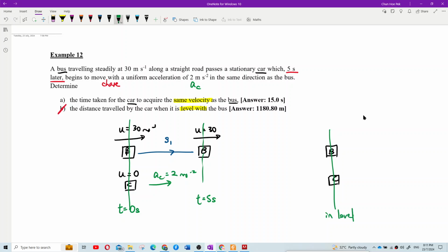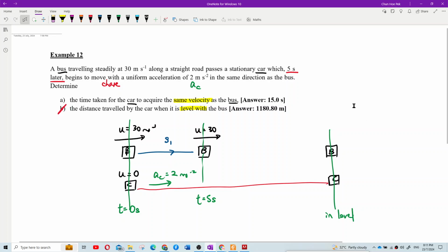Level with the bus. So he wants to find the total distance from here until here. The distance traveled by the car when level with the bus. That means the car successfully chased the bus. So you want to find the displacement, distance traveled by the car after catching the bus.